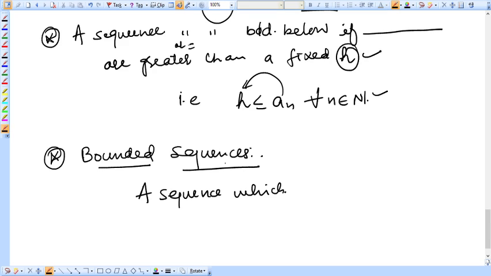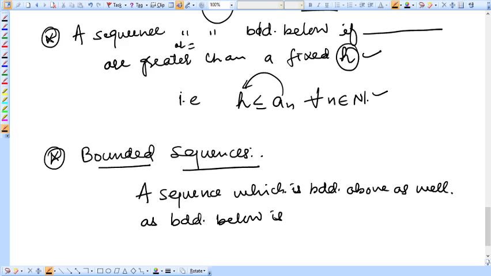A sequence which is bounded above as well as bounded below is known as a bounded sequence. That is, इसका अपर बाउंड भी होगा और लोअर बाउंड भी होगा.